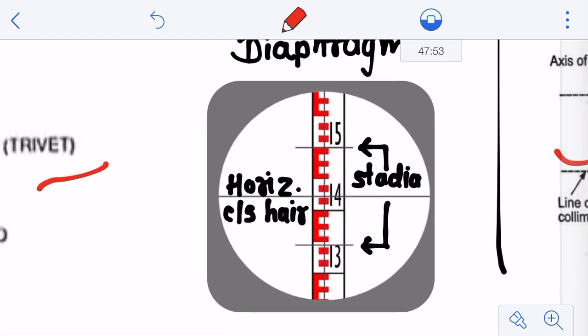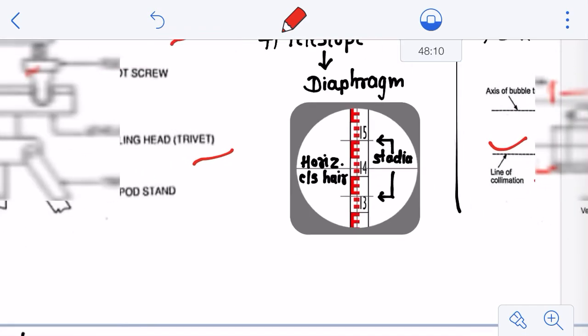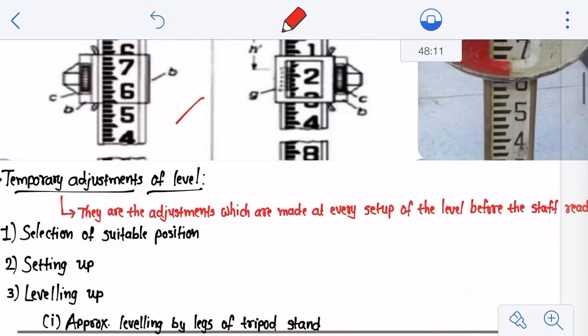So you need to rotate your eyepiece in such a way that you can see your diaphragm completely clear. And how can you do it? You can place a white paper on the object glass so that you can see the crosshairs or the diaphragm clearly. And once it is completely focused, your fourth operation is done, that is adjusting the eyepiece.